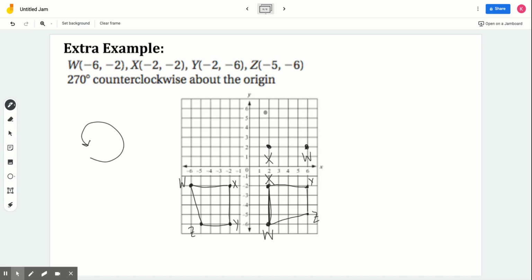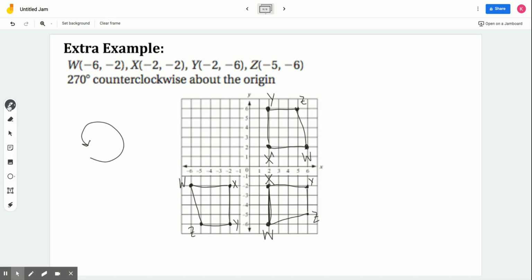Then from x, I'm going up to 2, 6 for my y. And then to 6, -5 was my z, so I'm going to go to 5, 6 for z here. So again, I can see that I've rotated this again, another 90 degrees counterclockwise, so now I'm at 90, 180.